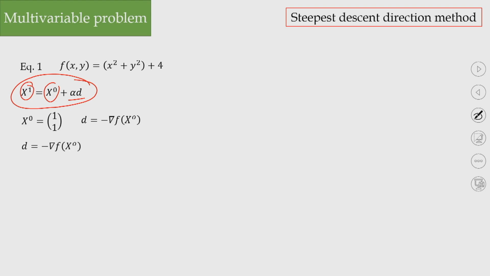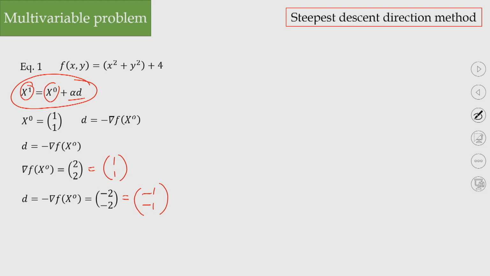If I calculate the gradient at x naught, I get 2 2. The direction will be the negative of the gradient, so you can write minus 2 minus 2, or I can divide this by 2 and take minus 1 minus 1, basically you will go along the same direction. It does not matter.